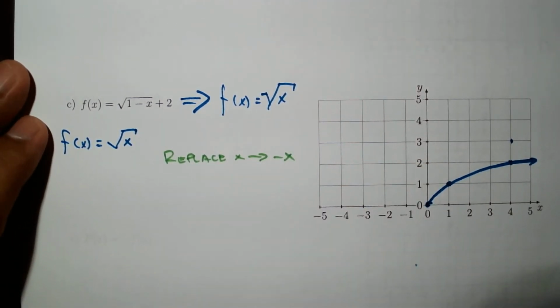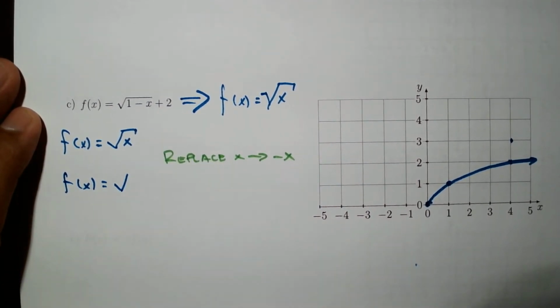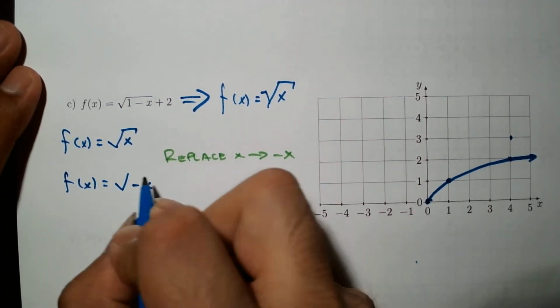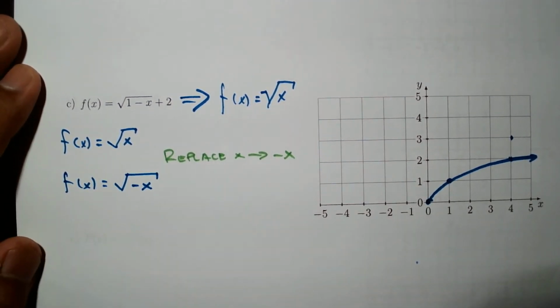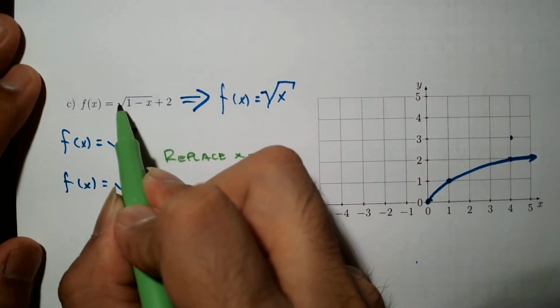So I'm going to have f of x equals the square root of negative x. And then the next instruction is, look at this point right here.